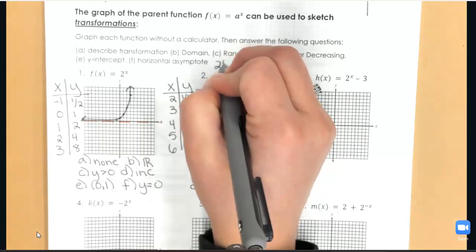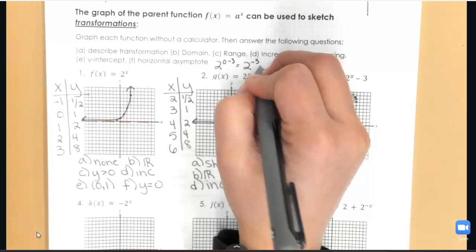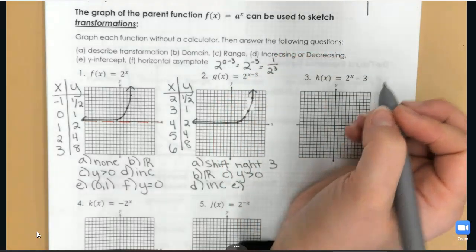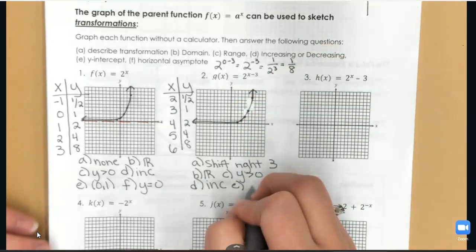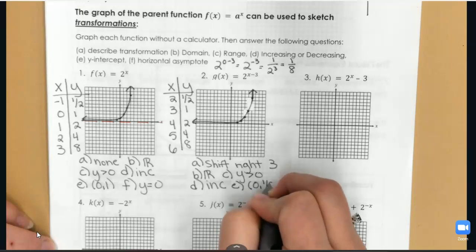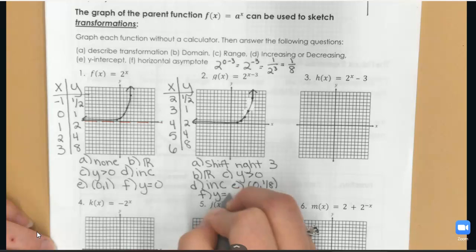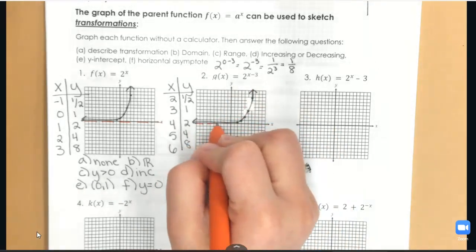So that would be 2 to the 0 minus 3, which is 2 to the negative third. With negative exponents, that means it's on the wrong side of your fraction. So I have 1 over 2 to the third. So that's 1 over 8. So my y-intercept is at (0, 1/8). And then my horizontal asymptote did not change. We are still at the x-axis, y equals 0.